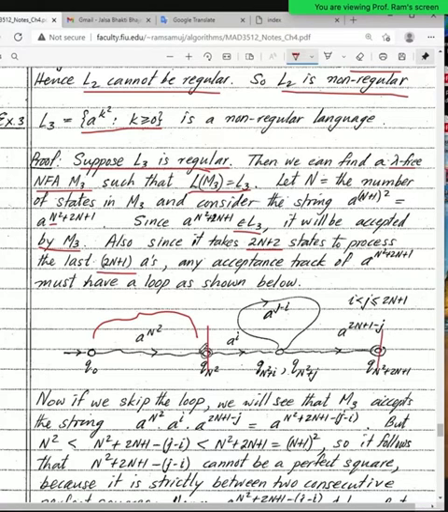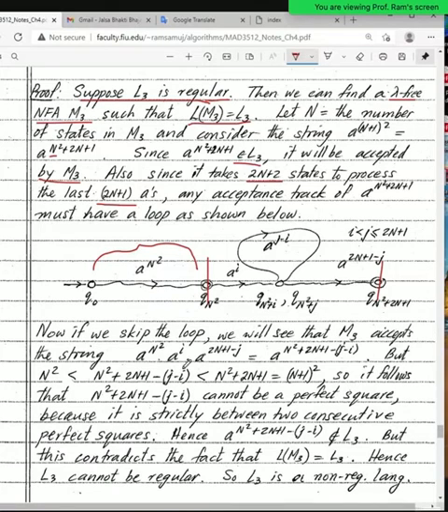Now, that, of course, will be accepted. And then you go and you get accepted here again. But here is the part. Now, if we skip this loop, something magical happens. If we skip this loop, we will see that M3 accepts a string a to the n squared, a to the i, a to the 2n plus 1 minus j. So you're thinking, what is that? You work it out, it becomes a to the n squared plus 2n plus 1 minus j minus i.